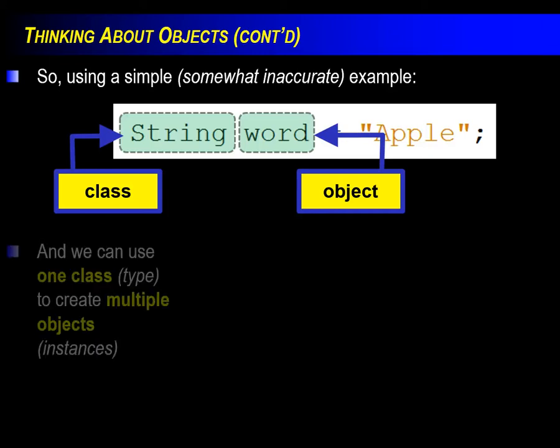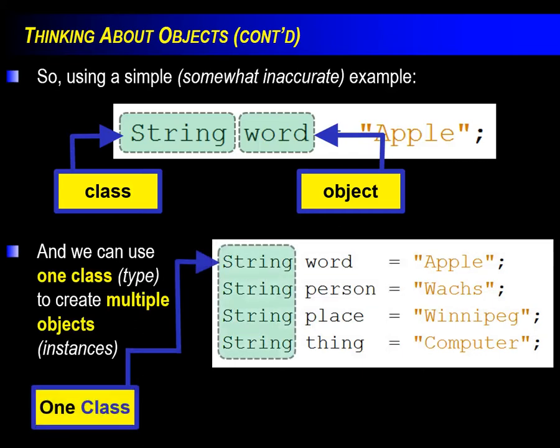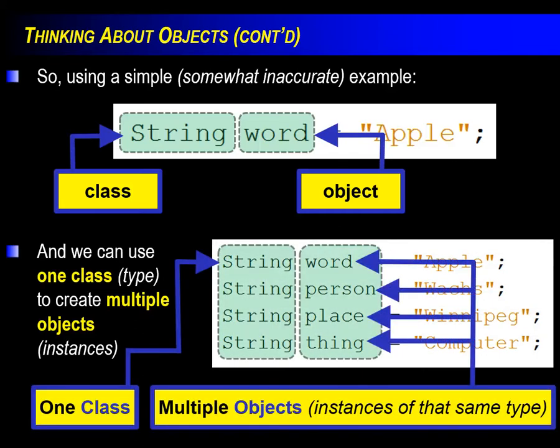And I know that because I can use this same class to create multiple objects. Each of those are different objects, but they're all strings. Just like you're all sitting in specific chairs, but they're all chairs, right? So we've seen this in code before, and now we're going to kind of write our own versions of this. So you can use one class to make multiple instances of that class.